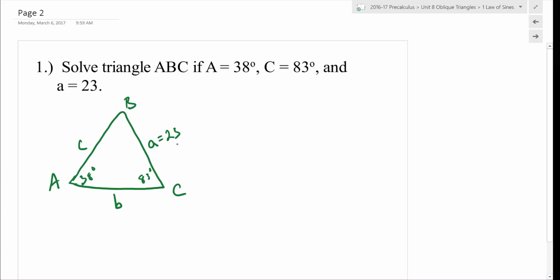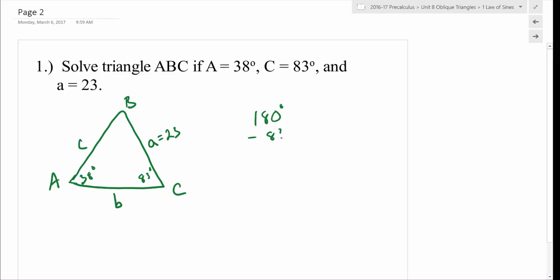Now, since I know two angles, the first and simplest thing I can do is find the other angle. I'd simply take 180 degrees and subtract the two angles that I know, 83 and 38.